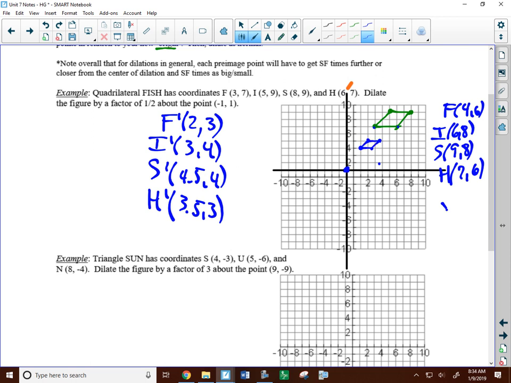Right. And then you should look at it. It needs to be half as big. It does appear to be half as big. It needs to be half as far away from this point. And it does appear to be half as far.